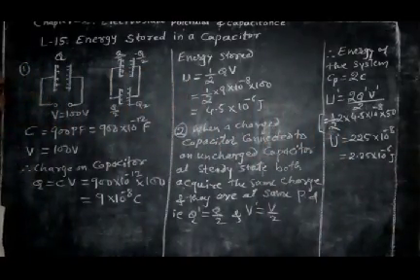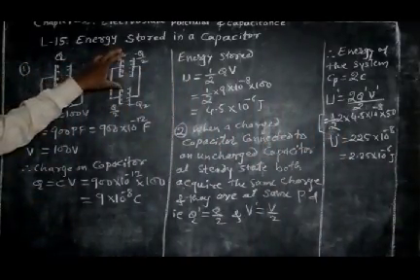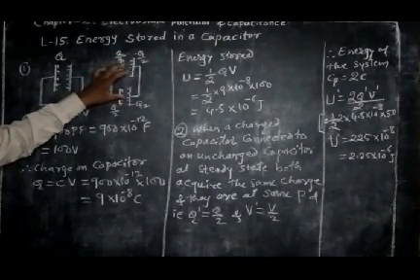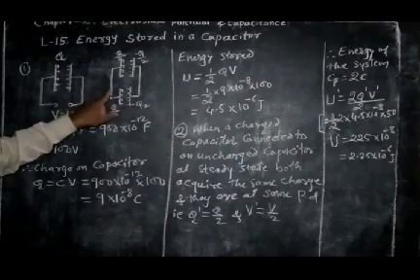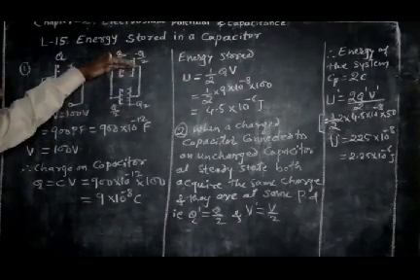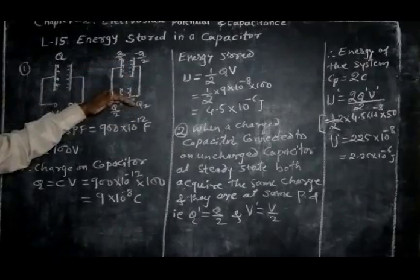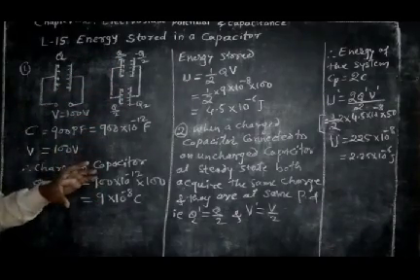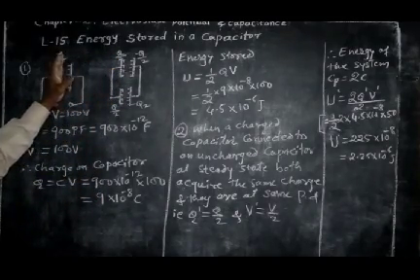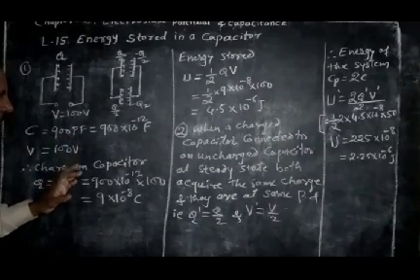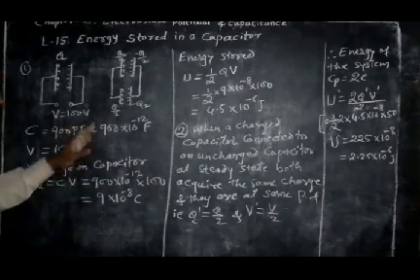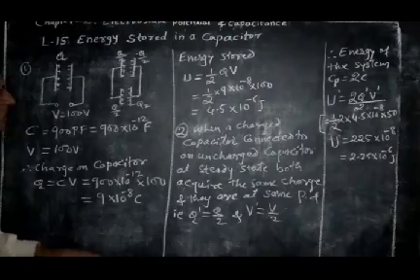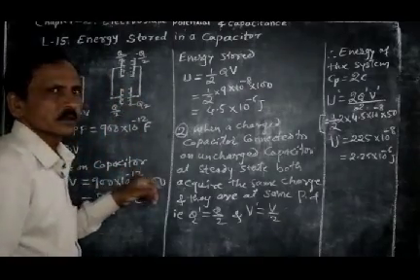Therefore, when two capacitors of the same capacity are connected in parallel, one charged and the other uncharged, the charges acquired by them are equal and half of the initial charge of the charged capacitor, and the potential difference also decreases, and it is the same for both the capacitors.